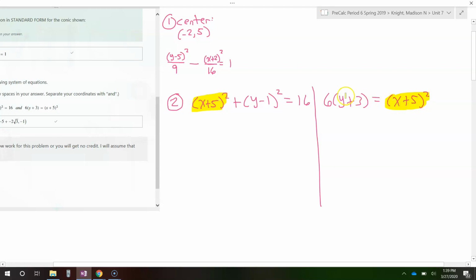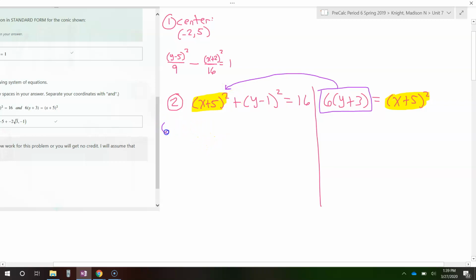So because of that, I can take what x plus 5 squared is equal to and substitute it into the other equation. So over here, x plus 5 squared is already by itself. It equals this.